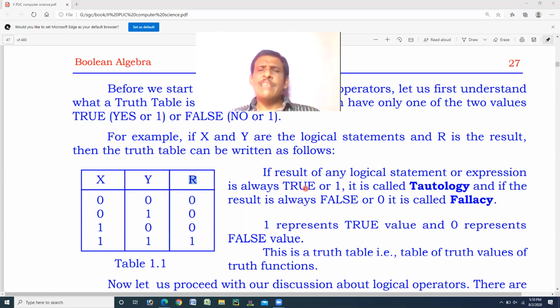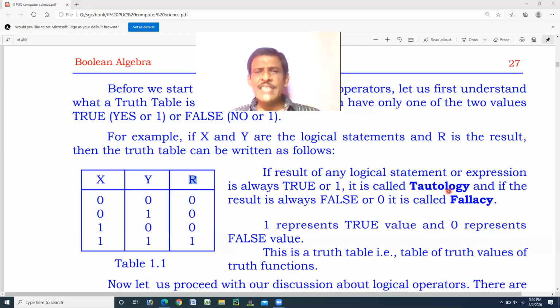From the exam point of view, for 2 marks, two important definitions are: define tautology and fallacy. What are tautology and fallacy? If the result of any logical statement or expression is always true, then it is called a tautology.